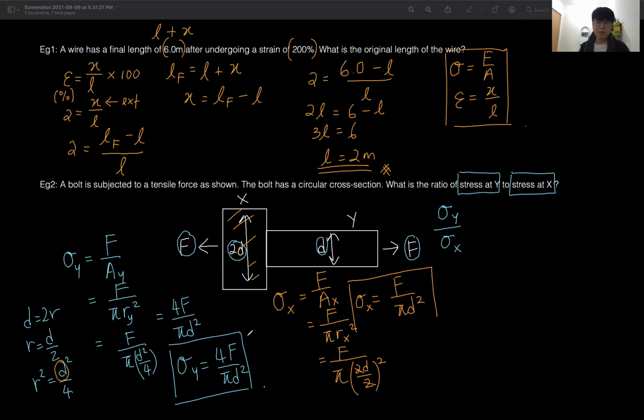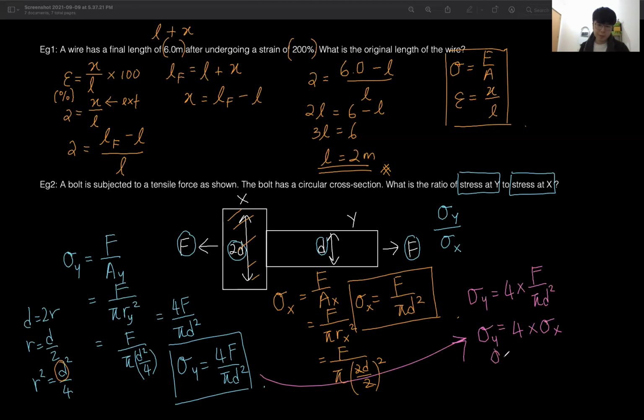What is the ratio? Just divide it. From here, stress Y equals 4 times F over pi d squared, and that is 4 times stress X. Stress Y over stress X equals 4. This is my answer: the ratio is 4.